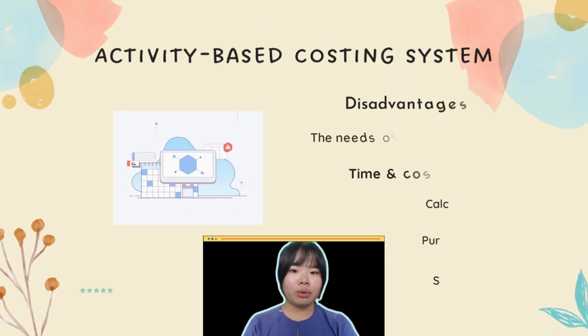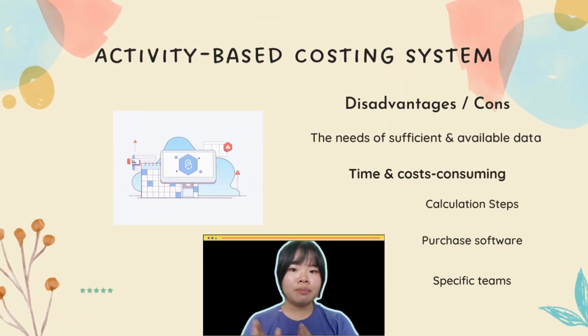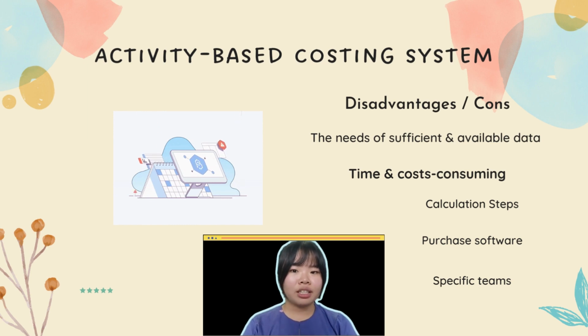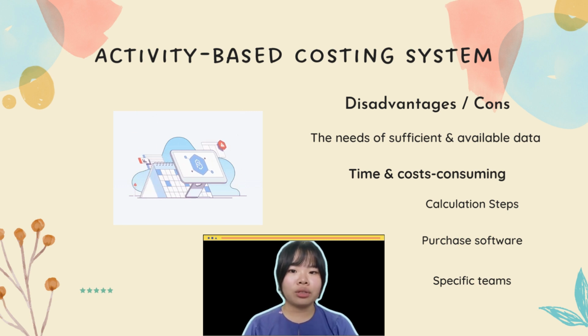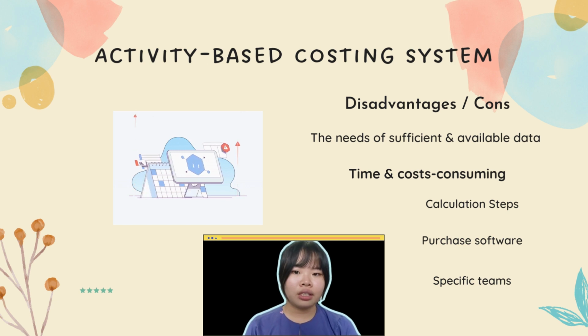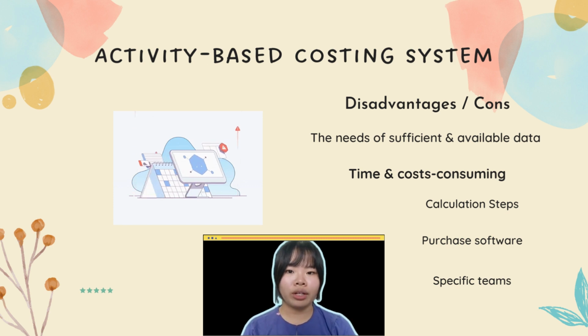The second disadvantage of the activity-based costing system is that it is time and cost consuming. The complicated calculation steps include dividing and recognizing the activities into different variables, so it can help them calculate more accurate data for each indirect cost.